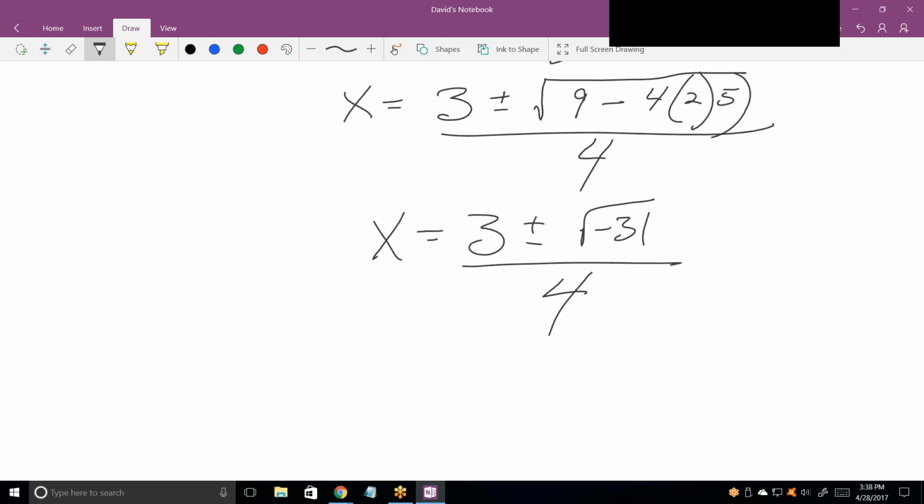Now, can that negative 31 be simplified at all? Can it be factored first? No. So how do I express it in terms of a complex number? It would be I times the square root of 31.